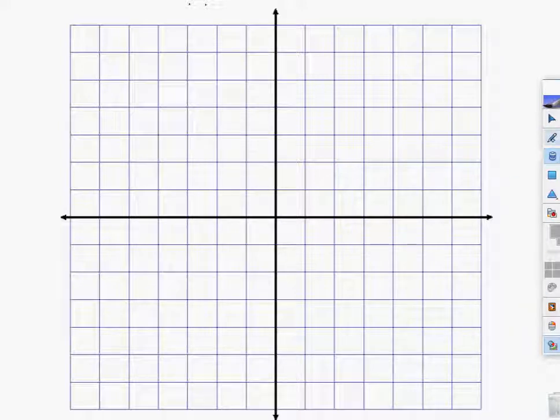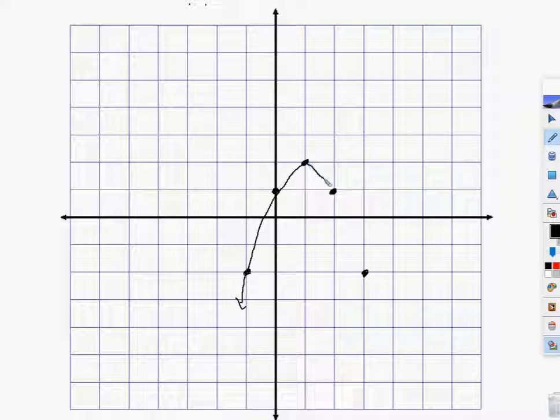Now, it's possible that when we go from different sides, that we get a different answer. So here's another one. This is going to be kind of a parabola-ish thing on this side. And then on this side, we'll say it comes like this.